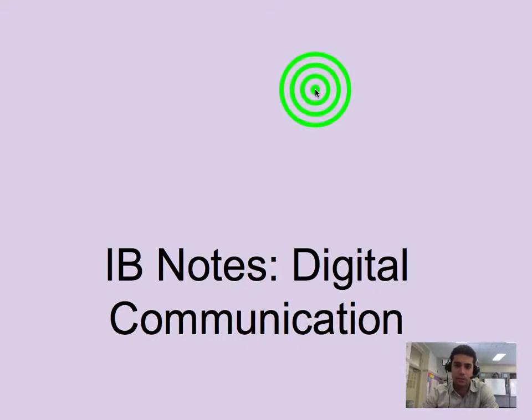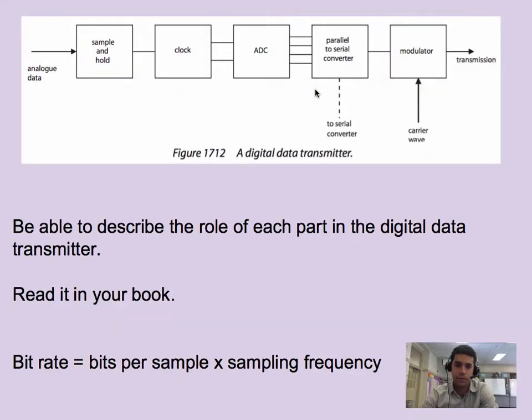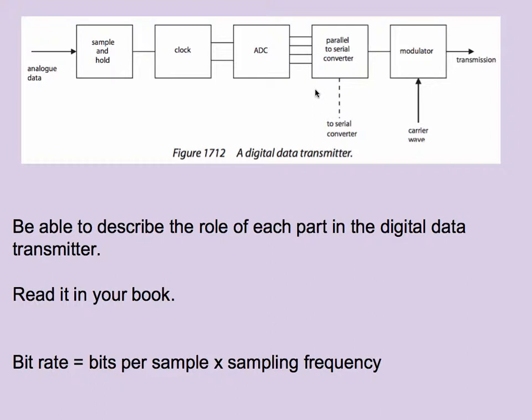Alright, so yesterday we talked about this idea of a process of converting an analog signal into a digital signal and what's required for transmission. You're going to need to know the purpose of each of these blocks: the sample and hold, the clock, the analog to digital converter, parallel to serial converter, modulator, as well as on the receiving end.